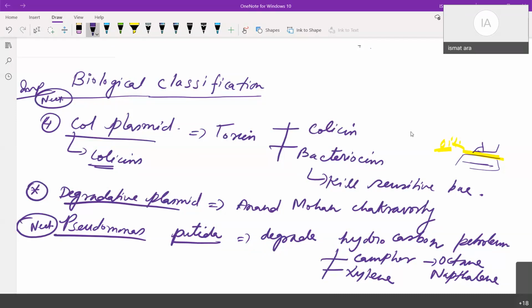This type of technique is called bioremediation.